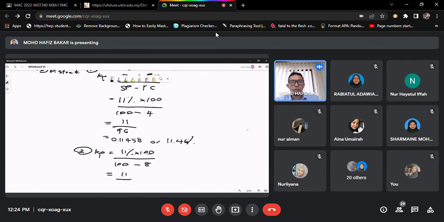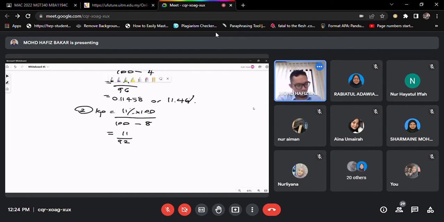Okay, so 11 divided by 92 is 0.11956, times 100, 11.96%, to two decimal points. So this is for preferred stock.